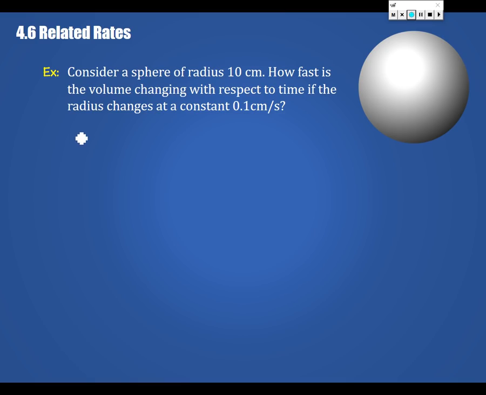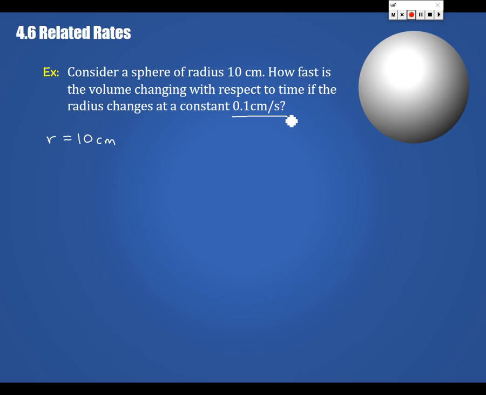Okay, so let's give some names to these things. I think R is a good name for 10 centimeters. The thing that's given, what would you like to name that? Can you come up with a really mathematically savvy way of naming that? The rate of change of the radius with respect to time.